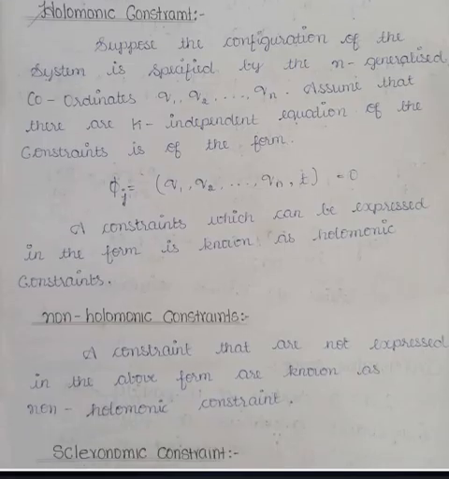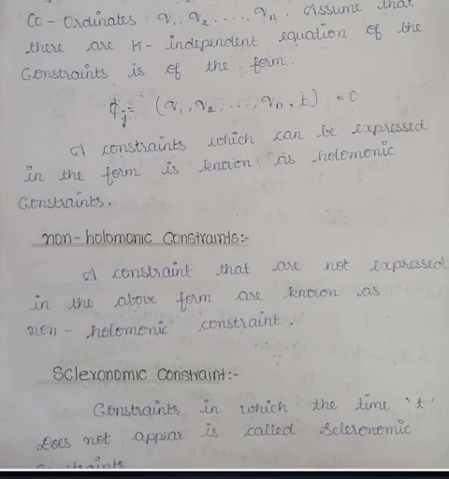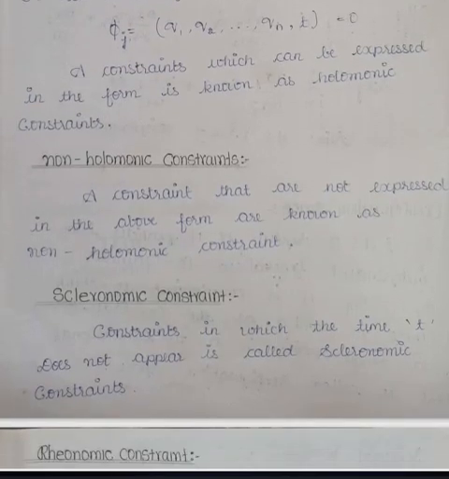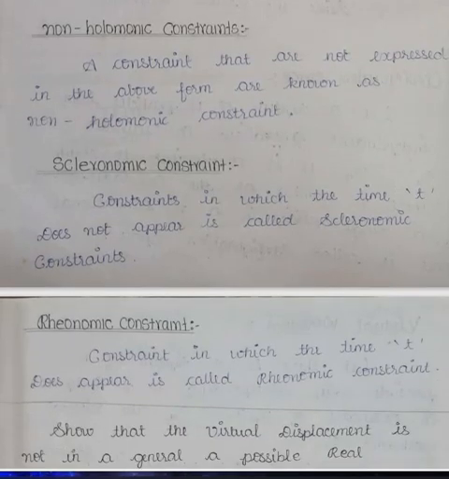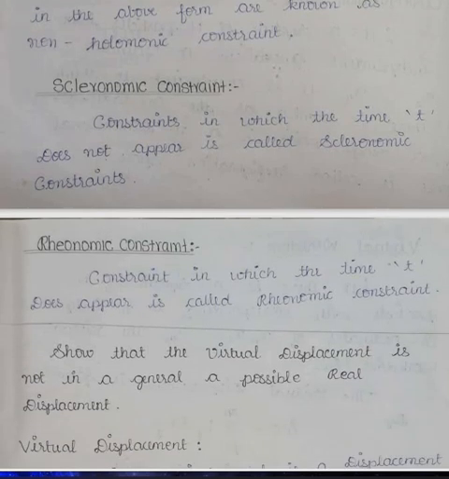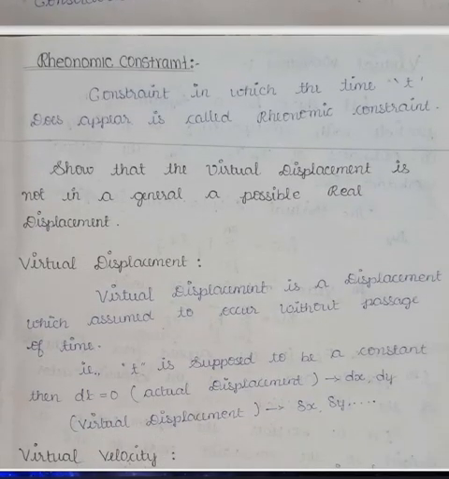A constraint which can be expressed in this form is known as holonomic constraint. Non-holonomic constraint: constraints that cannot be expressed in the above form are known as non-holonomic constraints. Scleronomic constraint: a constraint in which the time t does not appear is called scleronomic constraint. Rheonomic constraint: a constraint in which time does appear is called rheonomic constraint.